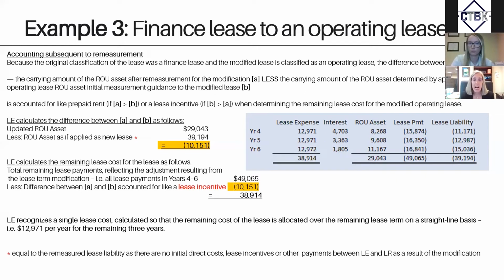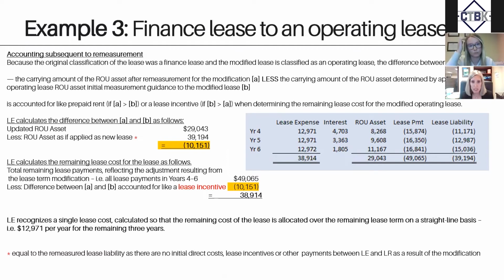Now I need to calculate that right of use asset as if it were a brand new lease, taking into account the lease payment terms, the discount rate, the remaining term. In this case, there were no initial direct costs. So my right of use asset, as if it were a new lease, will match my new lease liability, which is the $39,194. So you can see here, I have a lease incentive of $10,151.